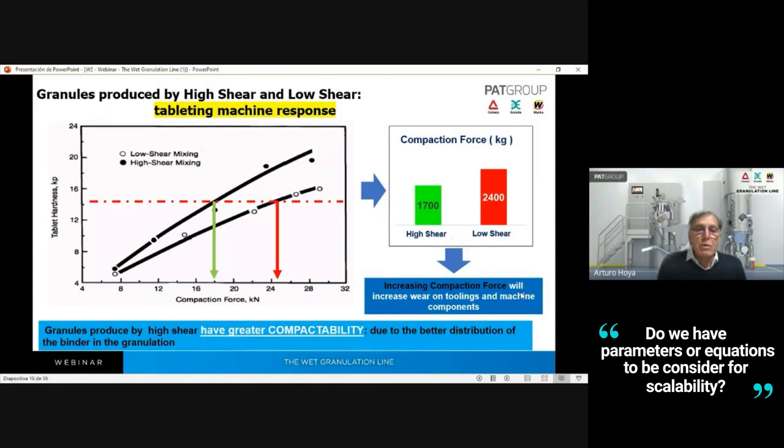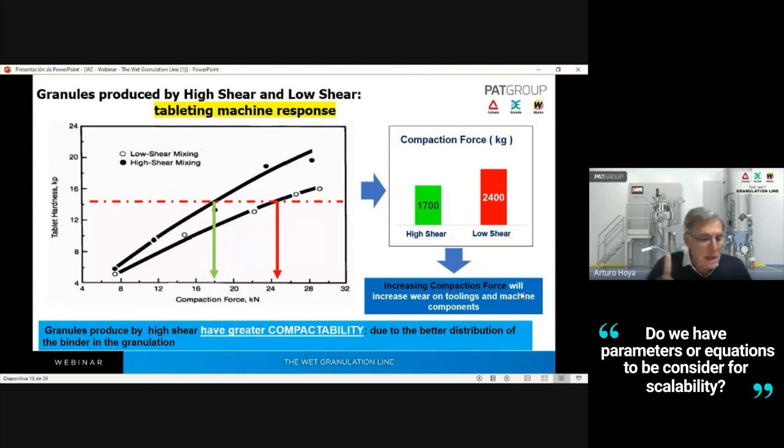So if you use a 10 liter granulator and you use, for example, 200 RPM, because the diameter of the impeller is bigger when you scale up to a 200 liter granulator, you will need to reduce the RPM in order to obtain a very similar tip speed. This concept is the tip speed constant.